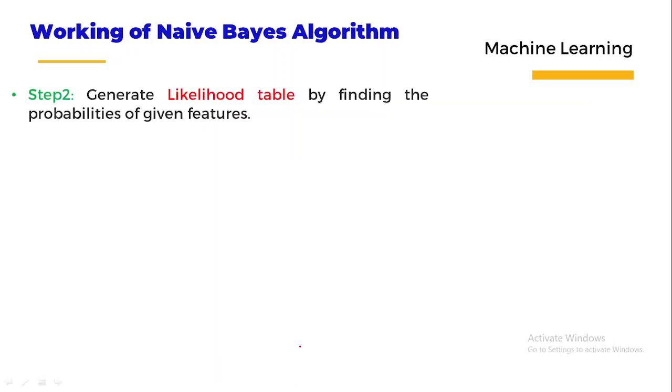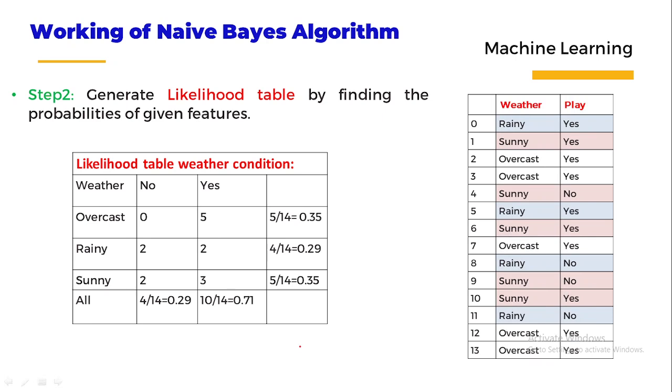Now the second step is to generate the likelihood table by finding the probabilities of the given feature. For the same data set, we add on the likelihood table, calculating the likelihood of this weather feature. Again you can see the similar table continued here. For overcast, 0 plus 5 is 5, divided by total values, which are 14.